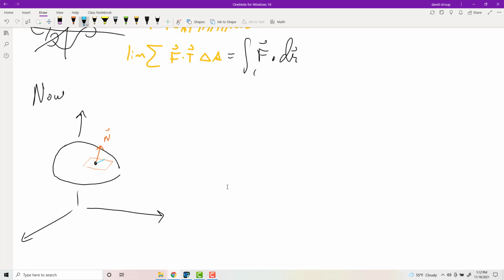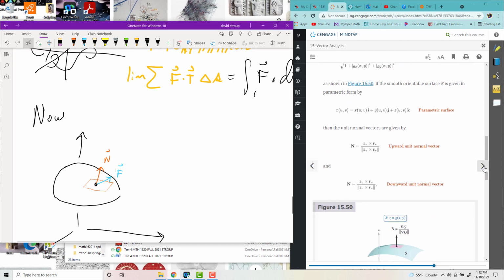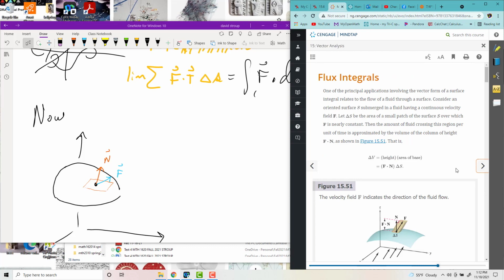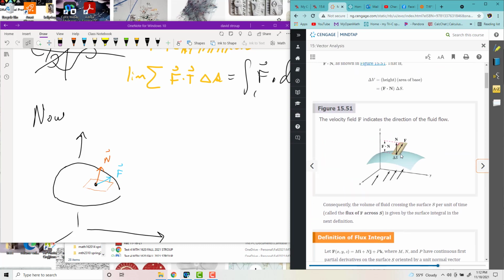Okay. So everywhere in space there's going to be a force vector. We're going to add up all of those and then multiply them by the area of that little tangent plane, right? So we're going to get a bunch of these, and the book has a nice little picture somewhere, a bunch of these rectangular pictures.